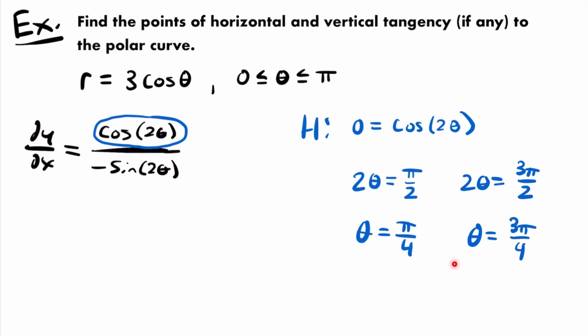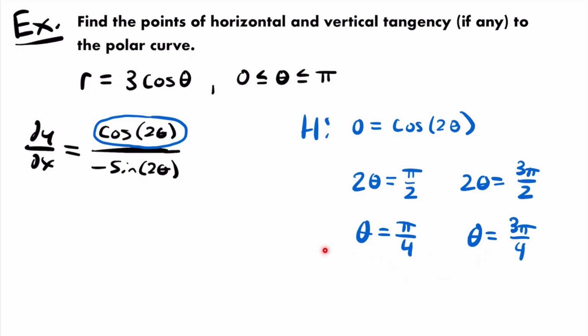So if we plug these two angles in, you'll have pi divided by 4 times 2, which will be pi divided by 2, and cosine of pi divided by 2 is 0. And then for this angle, 2 times 3 pi divided by 4 will be 3 pi divided by 2, and cosine of 3 pi divided by 2 is 0.